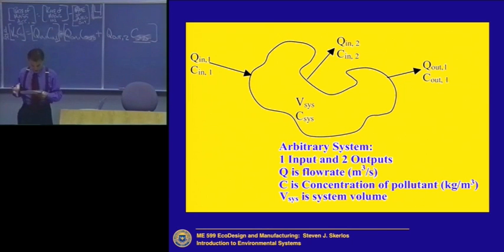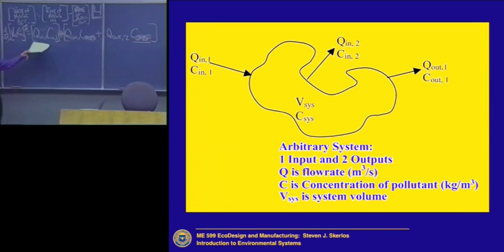Now that gives us the ability to do a lot of interesting things. Because what I can do, for instance, is pull the volume out. I could assume that we're at steady state. At steady state, all time derivatives go to 0. So if I did that, this goes to 0.